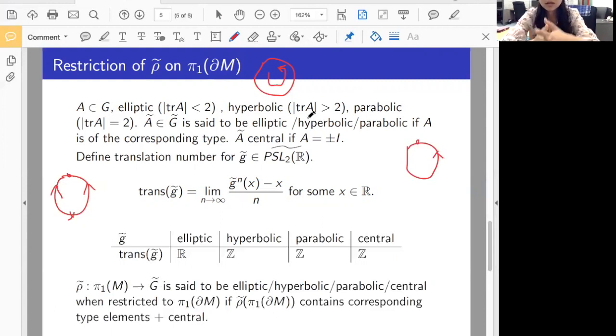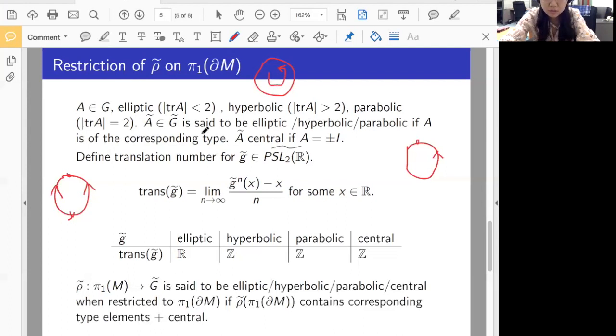And we can classify elements in PSL2R tilde accordingly. So an element A tilde in PSL2R tilde is said to be elliptic, hyperbolic, or parabolic if the projection to PSL2R is of the corresponding type. And it's said to be central if it projects to plus or minus identity.